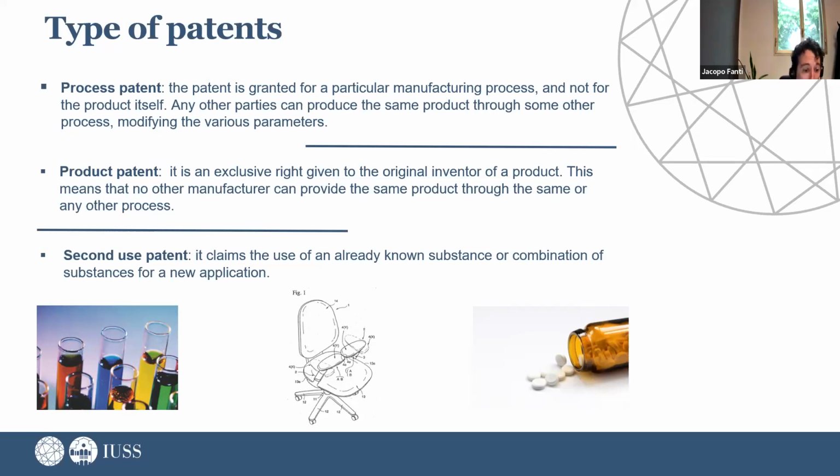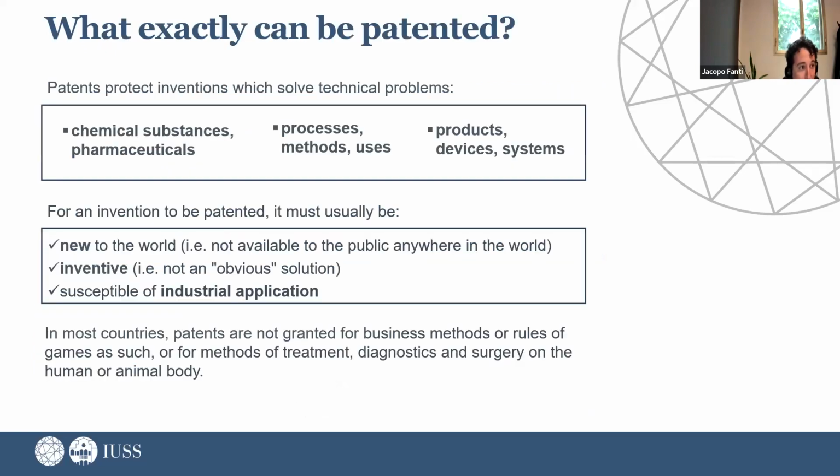And in case of product patent, this is an exclusive right given to the original inventor of the product, and this means that no other can provide the same product through the same or any other process. This is important. And the second use patent is generally used in the medical field, and it claims the use of an already known substance or combination of substances for a new, usually therapeutical application. So these are brief highlights of the main types of patents.